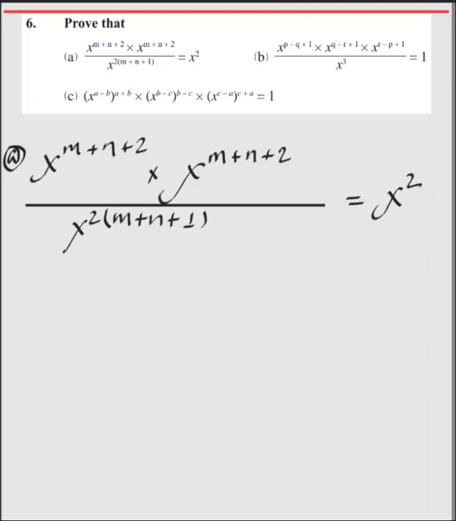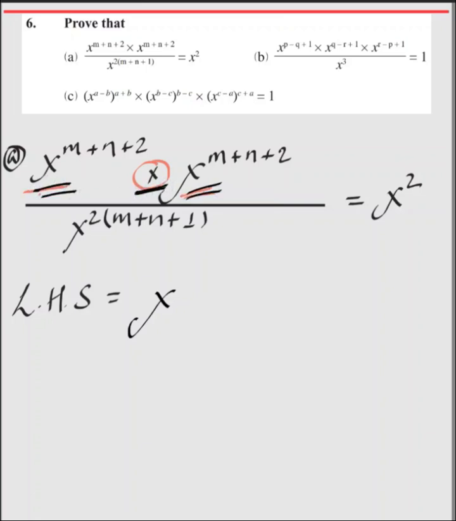Okay, let's start with the left hand side. Here you can see this is a base and this is the base. The base is the same and in between the base there is multiplication, right? So what we can do, simply add the power when the bases are same and there is multiplication in between.